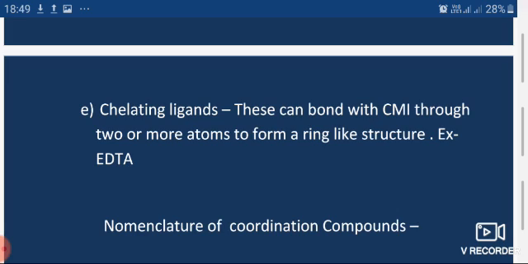Any example you can take, that can form a cage. Chela means claw, like that of a crab. You can see that the complex looks like a cage, so the complexes are known as chelate complexes.